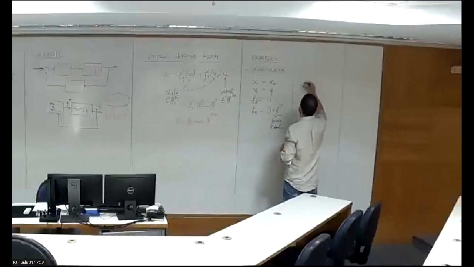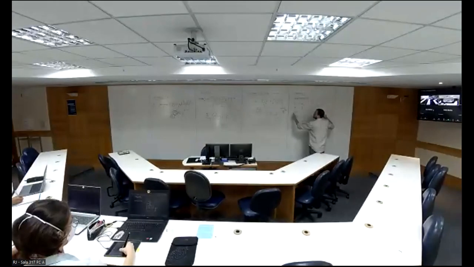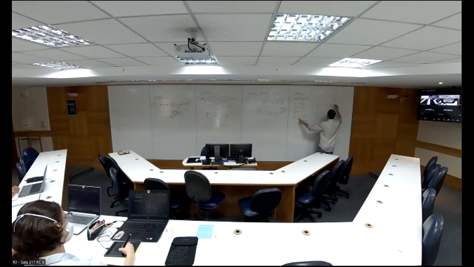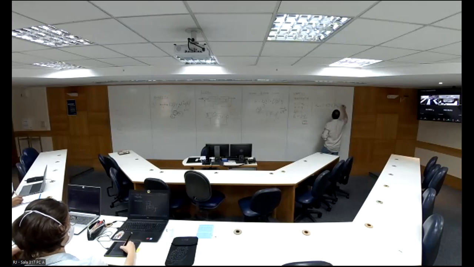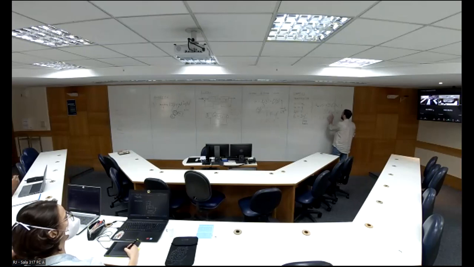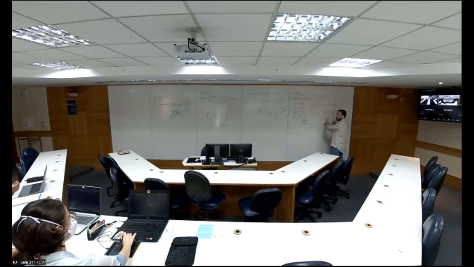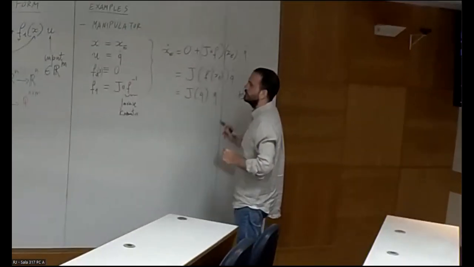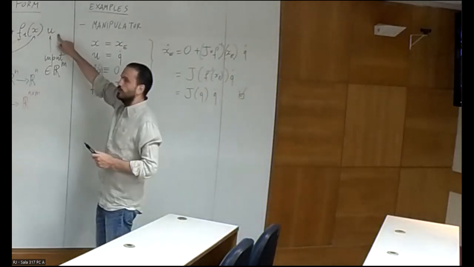We have xe dot equal to 0, which is f0, plus j composed f inverse of xe times 0. This is equal to j of the inverse of xe times 0. And the inverse kinematic function gives for an xe the q, times 0. So this is possible to be expressed in this control affine form.